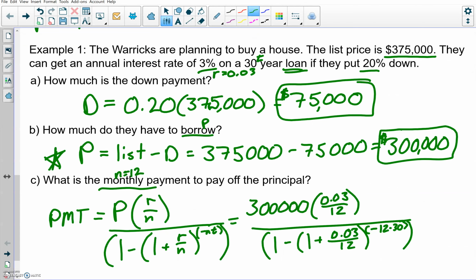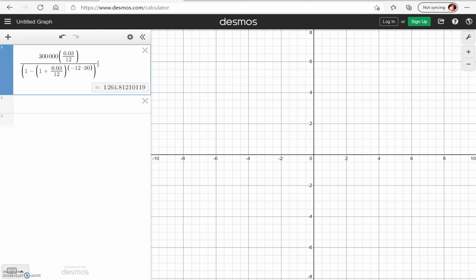So let's go back over here and put that in. So that will be 1264.81, and that's your monthly payment. So again with Desmos, notice how when I typed it in, it looks real similar to what I wrote down.